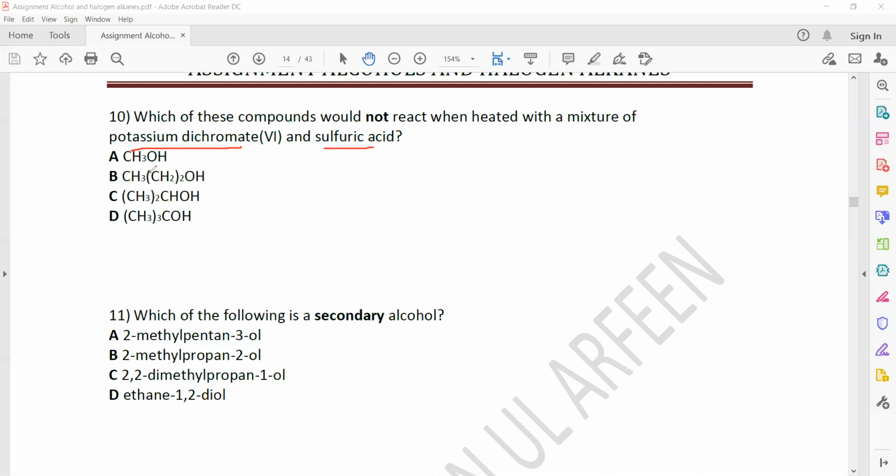When you draw the structure, CH3, CH2, CH2OH, this one is primary, this one is also primary, this one is secondary, and the last one is tertiary. So D is a tertiary alcohol and cannot be oxidized by acidified potassium dichromate.